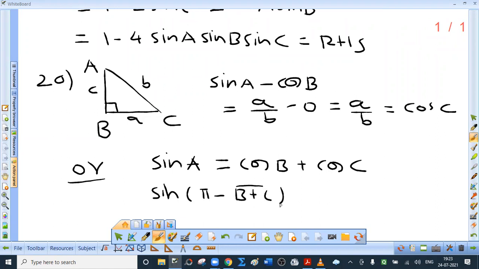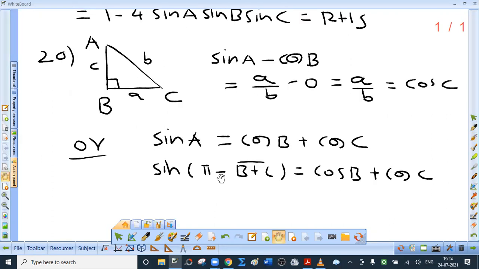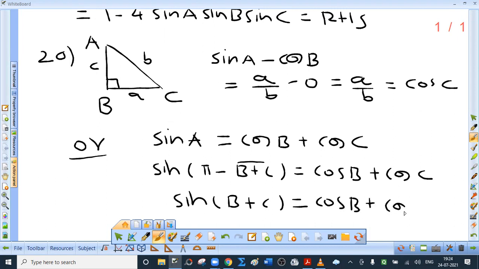Because A plus B plus C is given to be 180 degrees. Okay. Now what is sine of 180 minus theta? It is sine theta. So sine of B plus C is cos B plus cos C.